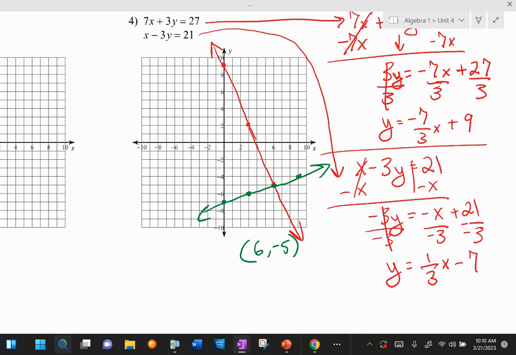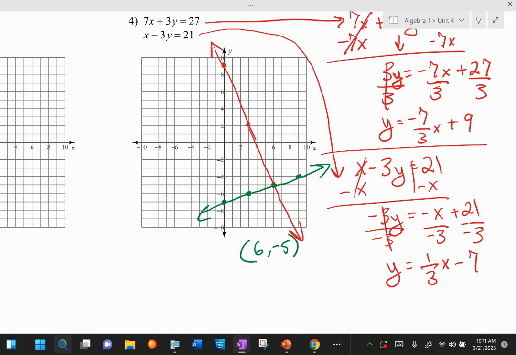So your starting point is your y-intercept.